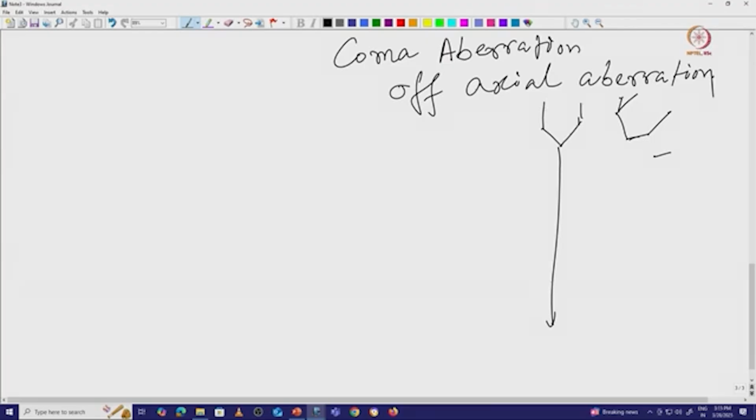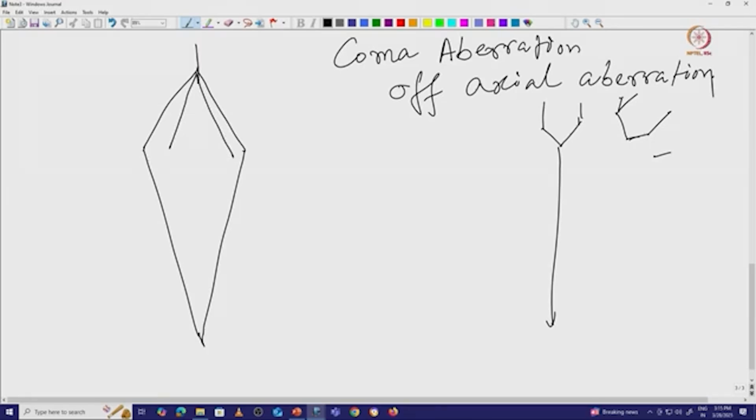Now you consider a very perfect situation where all the rays are coming from the center. So if all the rays are coming from the center, they will come all the way here and give us an image. It is not that one single ray will come; this is the optical axis.